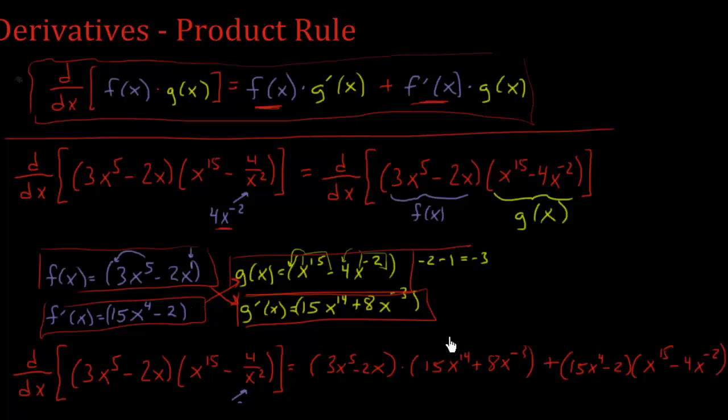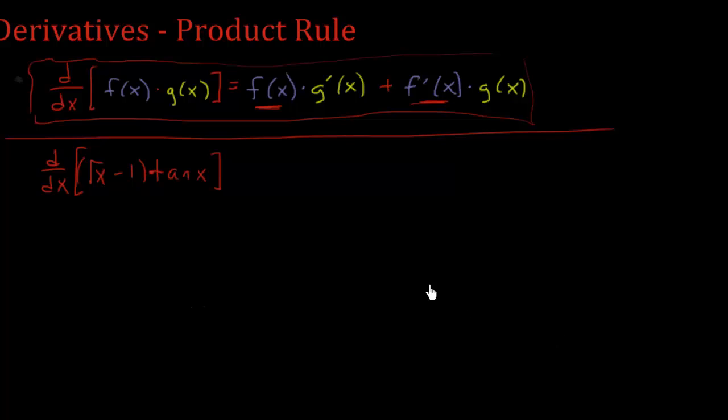Let's go ahead and try one more example. I have the derivative of a product of two functions. Our first function, f, is the square root of x minus 1, and then we have tangent x, which I'm going to call g. You have to be careful again because this is not written in the right form.